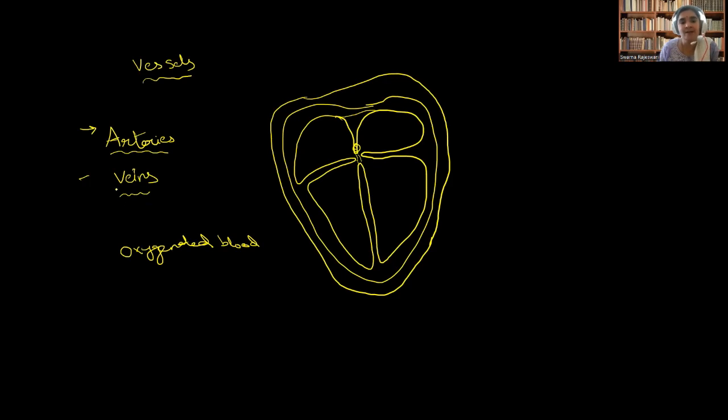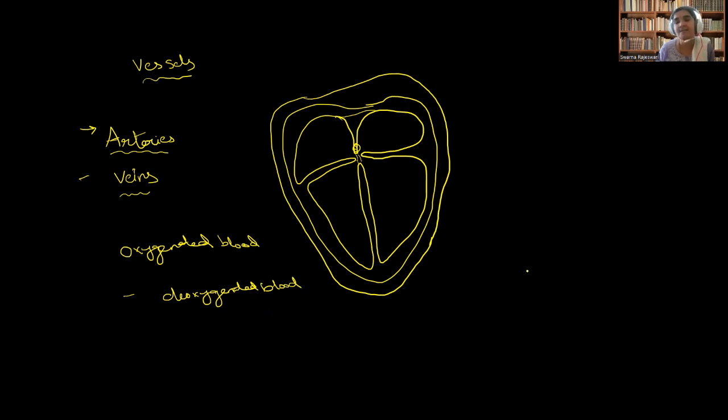When we see the veins, these are the blood vessels which carry the deoxygenated blood from the different parts to the heart. So veins always carry the deoxygenated blood from the different parts to the heart. But there is an exception.